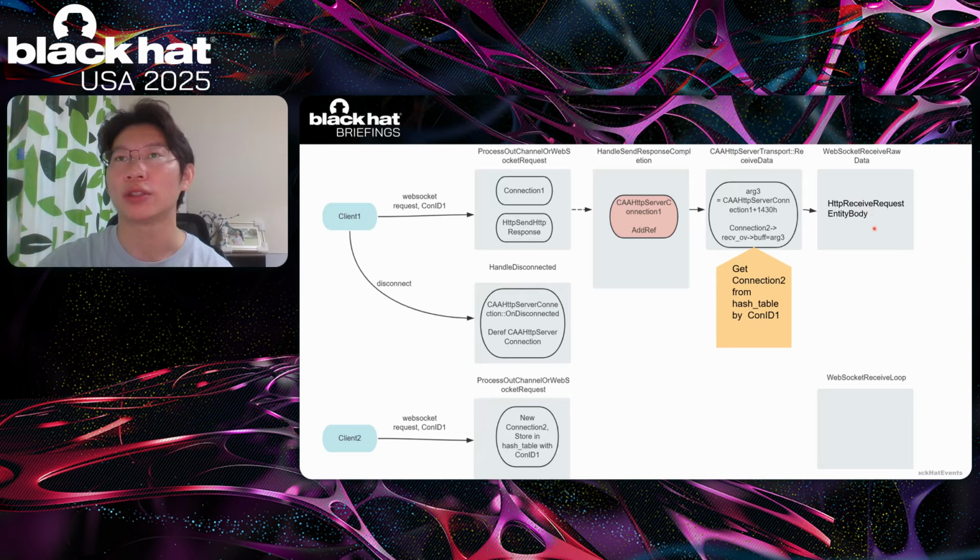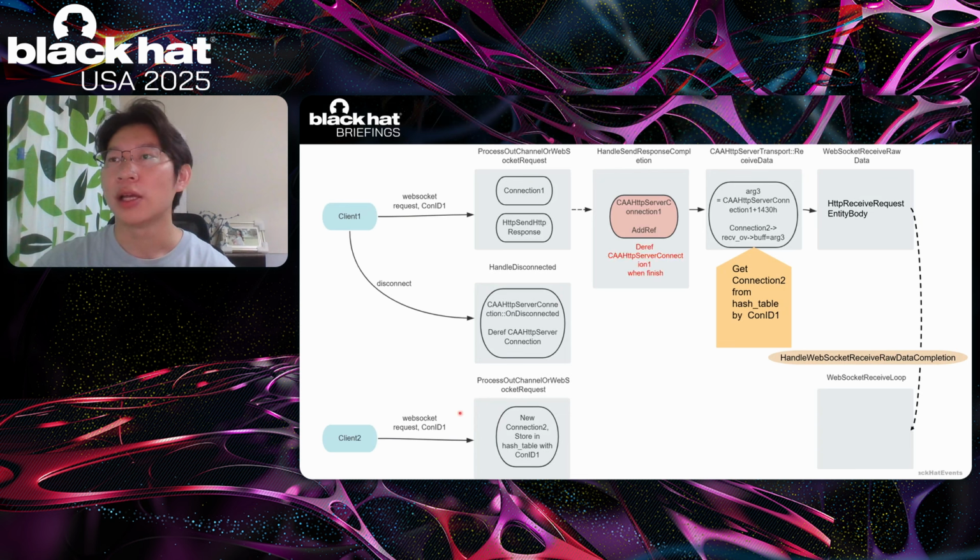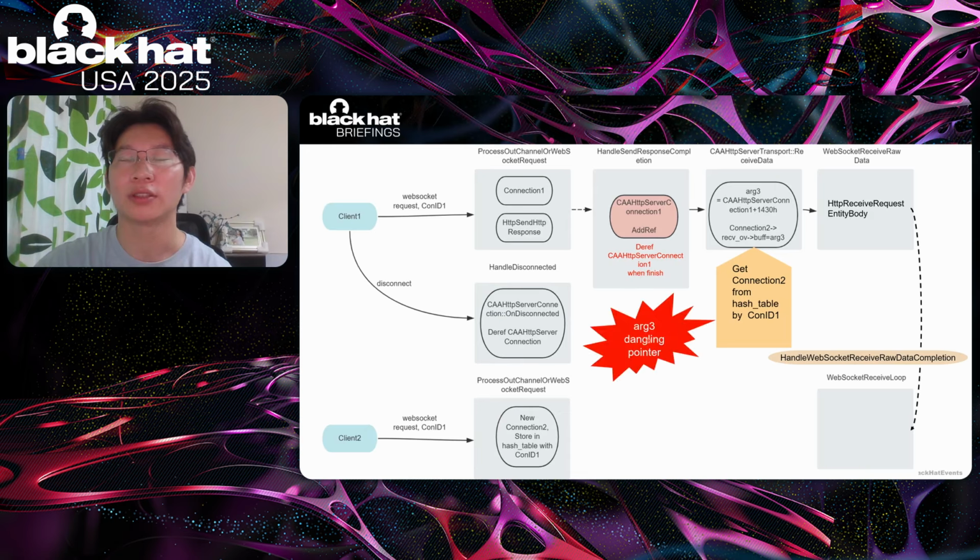Then it calls HTTP receive request edit body to register a callback function. Then the handle send response completion function finishes and dereferences HTTP server connection 1. So there are no references, and argument 3 will be a dangling pointer.